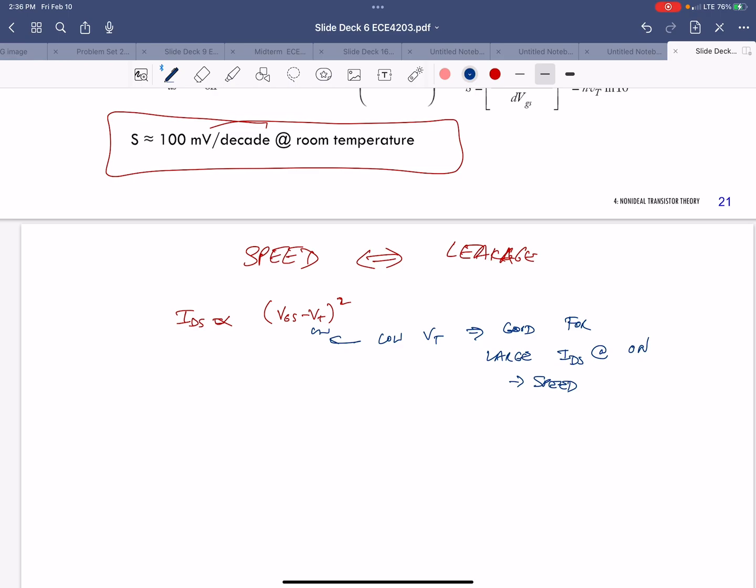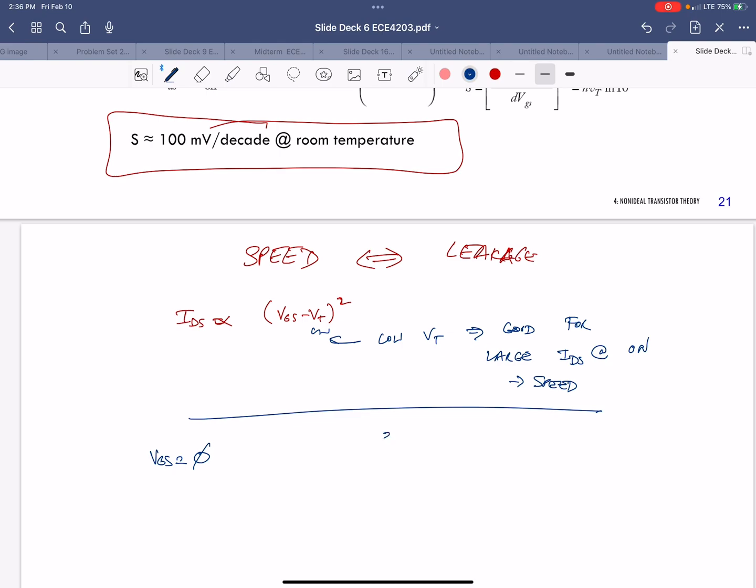Okay? Now imagine I had a 300 millivolt VT, and the foundry says, hey, let's drop the VT to 100 millivolts. You guys with me? So when the transistor is off, VGS is at 0.